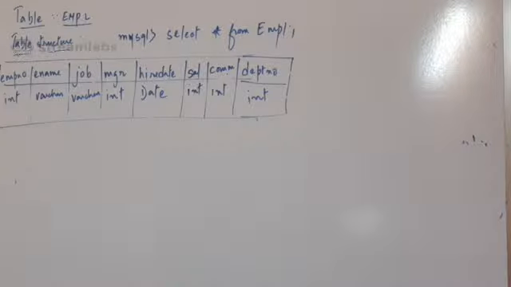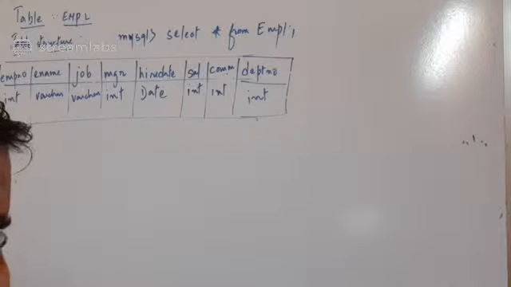That means wherever the commission values are filled for this particular column. So you need not consider those null values. You need to focus only on those rows where the commission values are filled up.